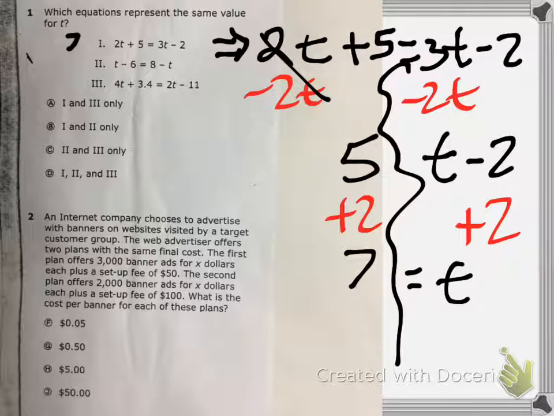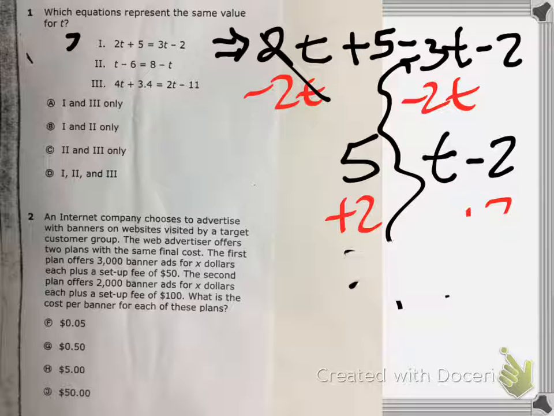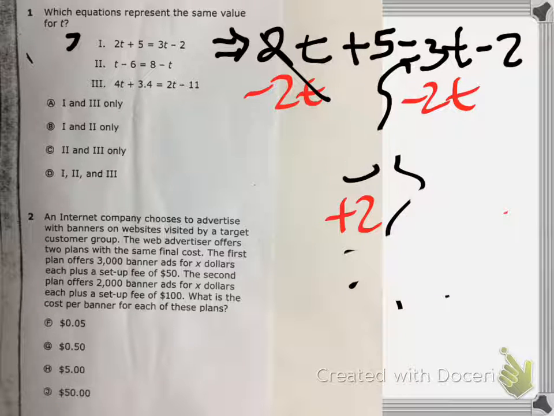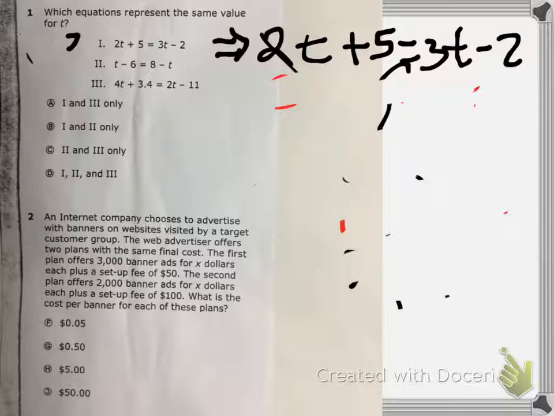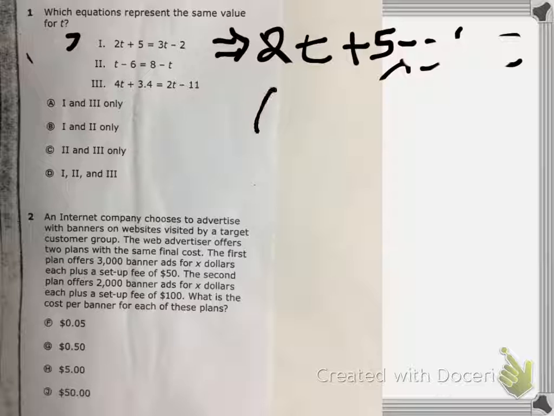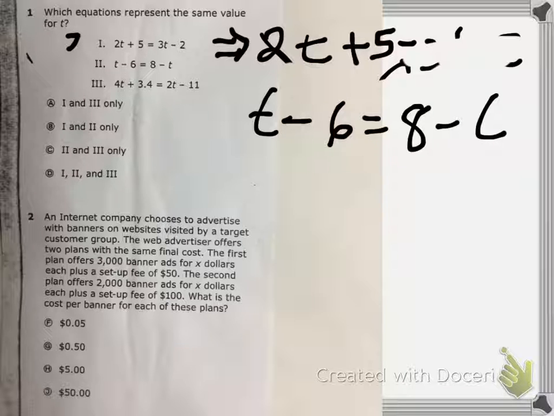Next, I'm going to solve the second equation. So I'm going to make some room here and get prepared to solve equation number 2. All right, now, equation number 2 is t minus 6 equals 8 minus t.